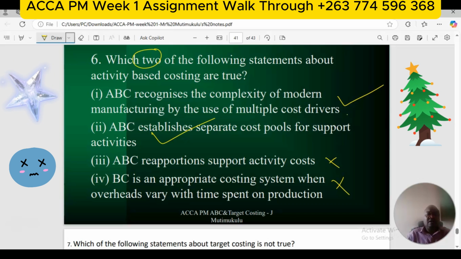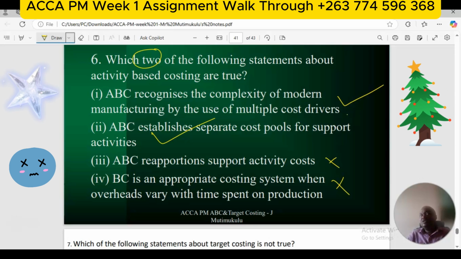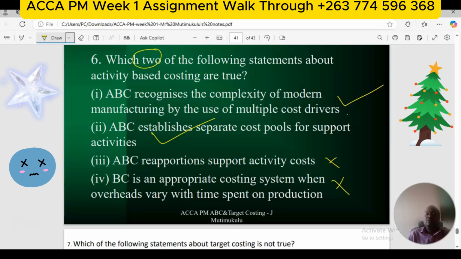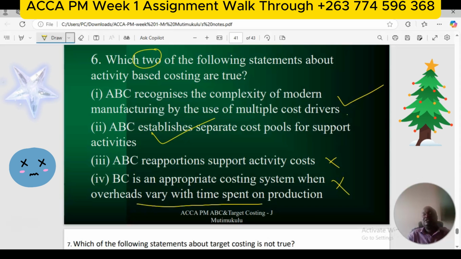ABC is an appropriate costing system when overheads vary with the time spent on production. Usually, when overheads vary in relation to time spent on production, we can utilize the traditional way of doing things. This is why we ended up absorbing overheads using machine hours or labor hours. Why? Because we know that what is driving the cost is the time that is spent on producing something.